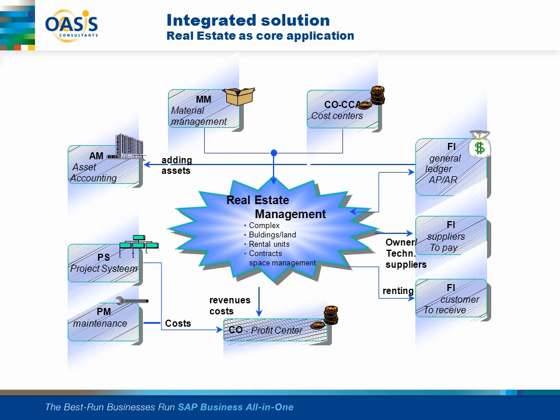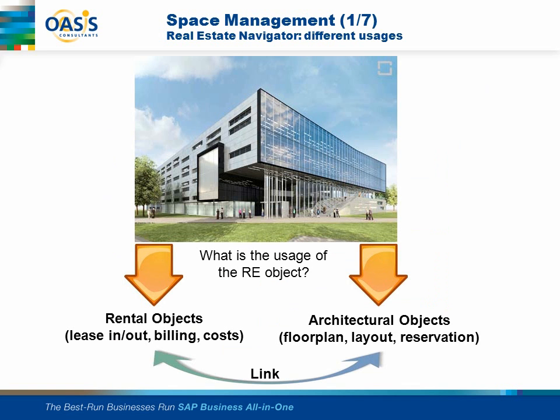So as you see, this is a total solution, mainly focused on real estate management, because there you will identify the buildings and the land and the floors and the rooms, and on the other hand, all the other domains linked to it. Now, real estate or space management, you have different usages of real estate management.